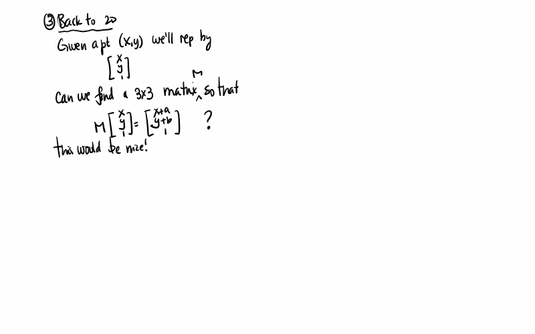So what we'll do is we'll look at what this matrix would need to be, right? Because what we're basically asking here is for this to be linear. So our mapping, our F, that takes x, y, 1 to x plus a, y plus b, 1 must be linear.